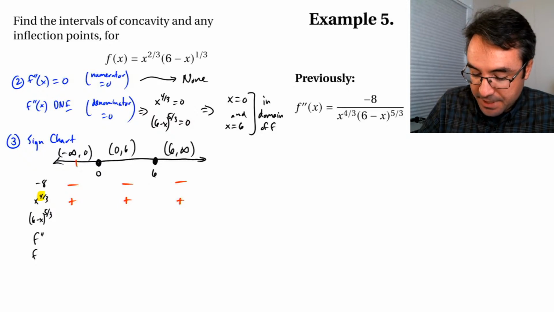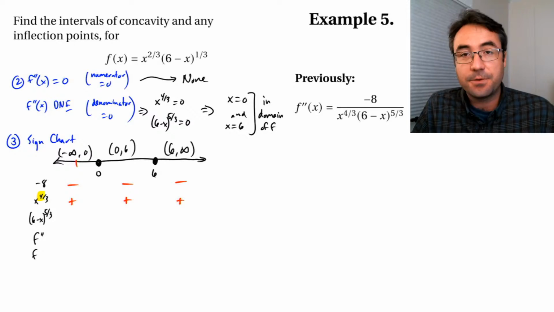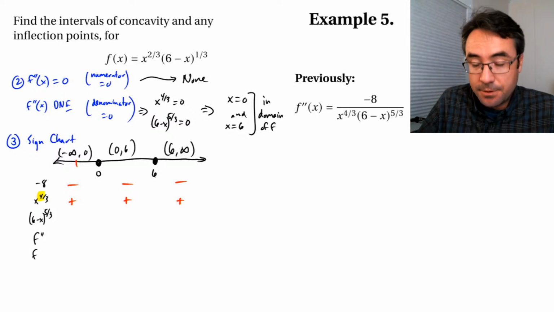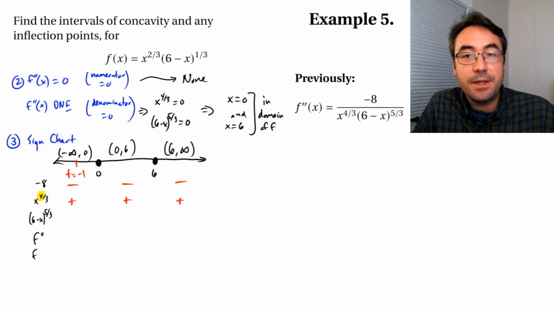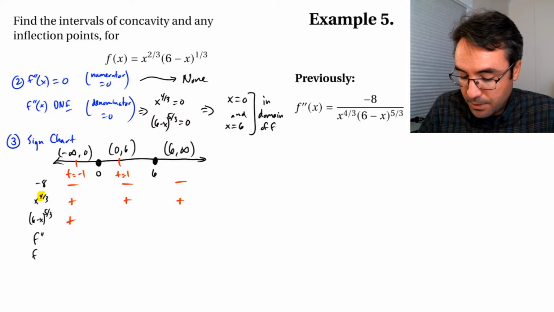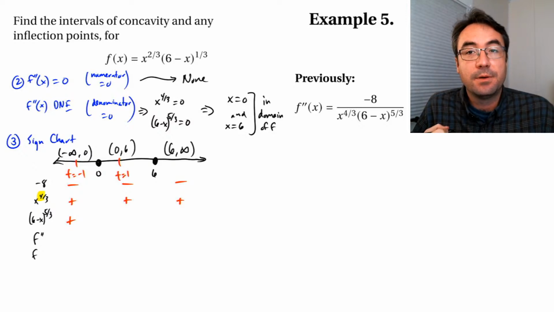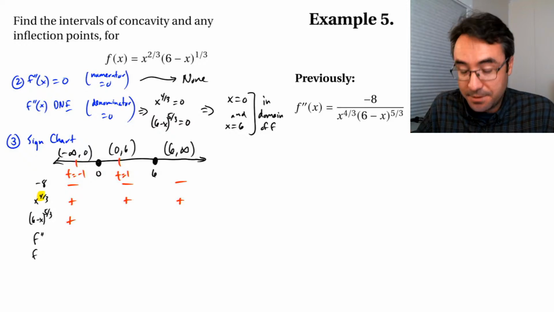And if we need to, let's use a test number. So we can use a test number for each of these intervals. So for that first interval, we want something less than 0. So -1 is always good. If we plug -1 into that 6 minus x term, we end up with +7 raised to the 5/3. It's positive. Then if we go to our next interval, x equals 1, we could use that as a test number. Plug that into that 6 minus x term, we end up with 5 raised to the 5/3, also positive.